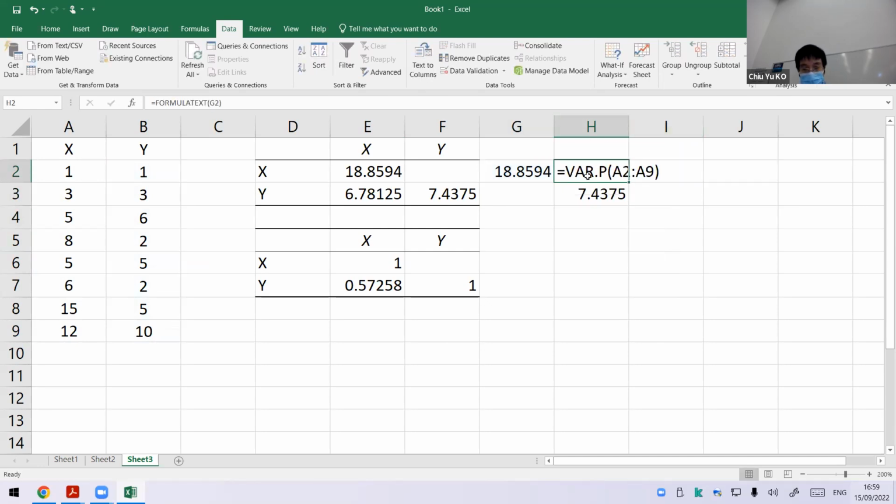So if you use math, then probably you still have this function.